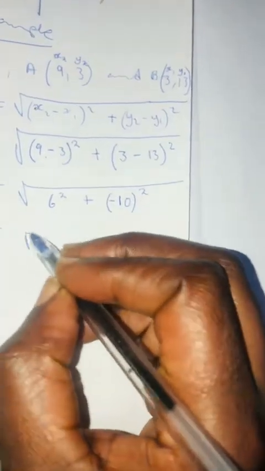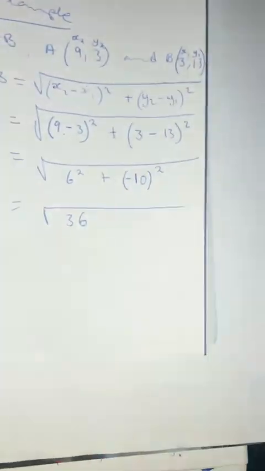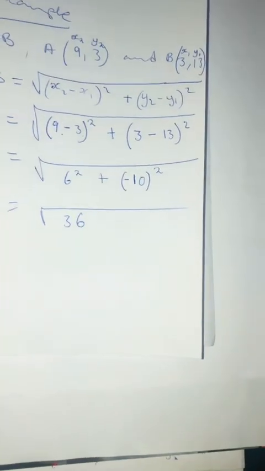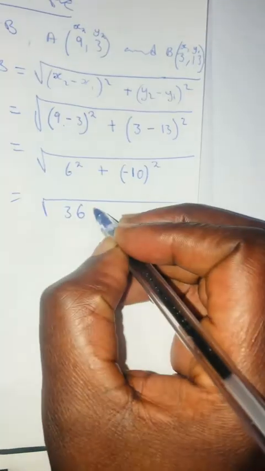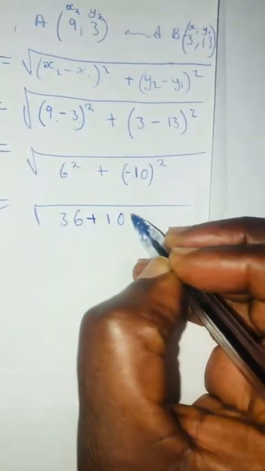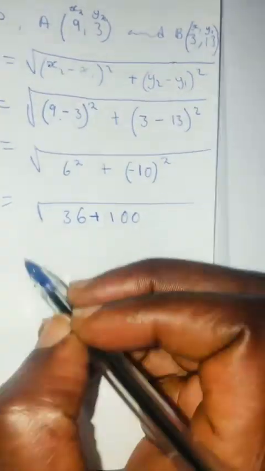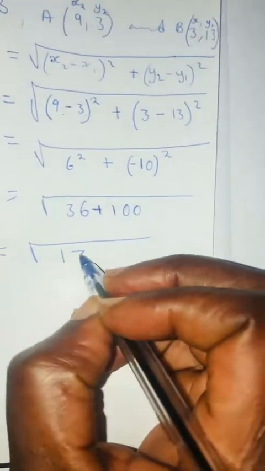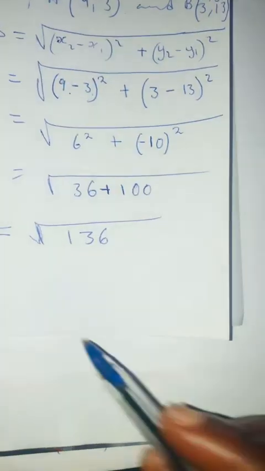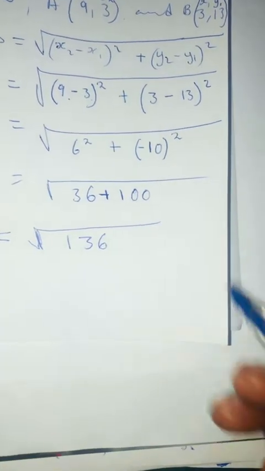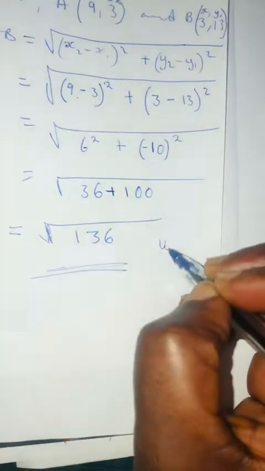Next, 6 squared is 36, because that's 6 times 6. Then 10 squared is 100. So we have the square root of 136. If you have a calculator, you can find the square root of 136, or you can simply end here.